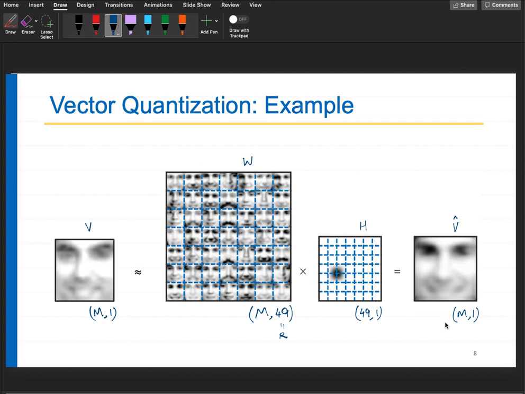So represent each image as a vector. Let us say this is the original image V, and this image is of size m cross 1, right? I put everything in terms of one column vector, m cross 1. And in this way I have got so many images, like 1000 images, and I want to apply vector quantization. Then how will it look? You are basically finding good clusters.